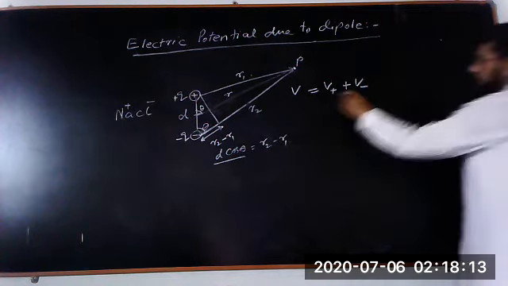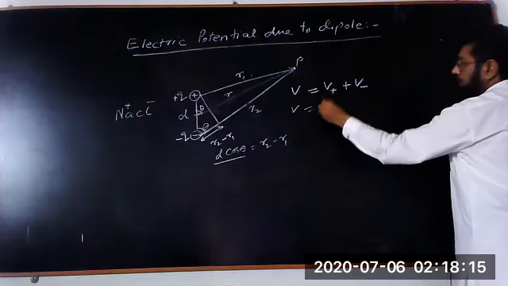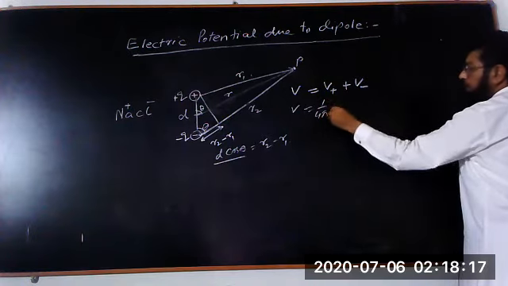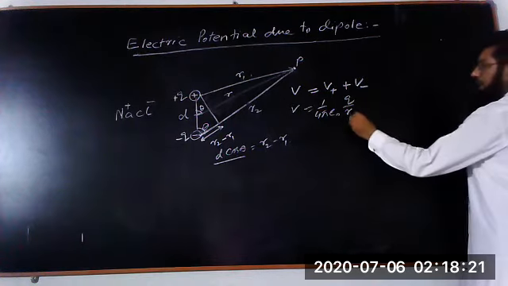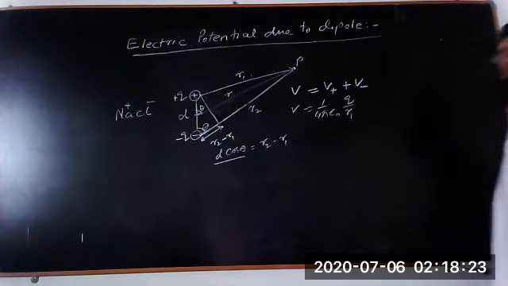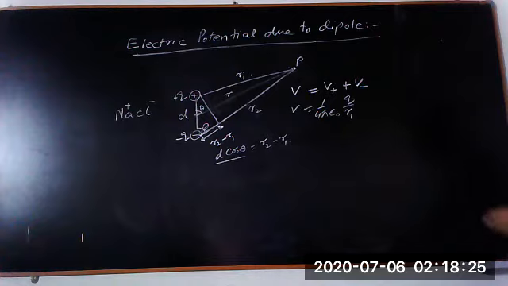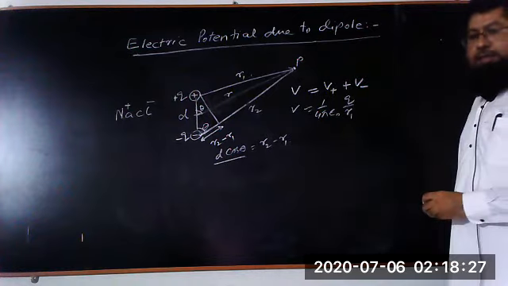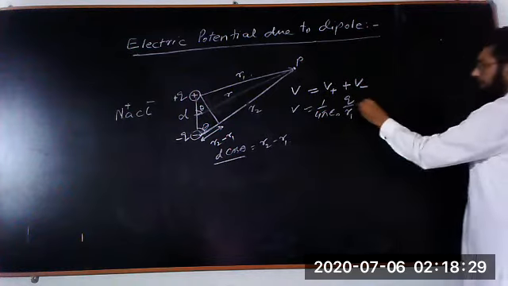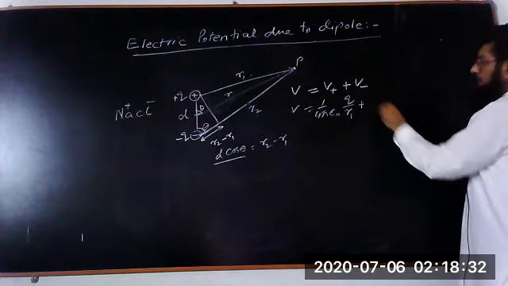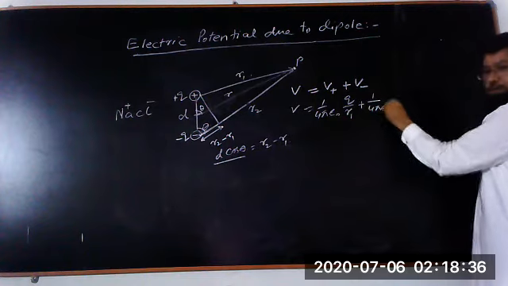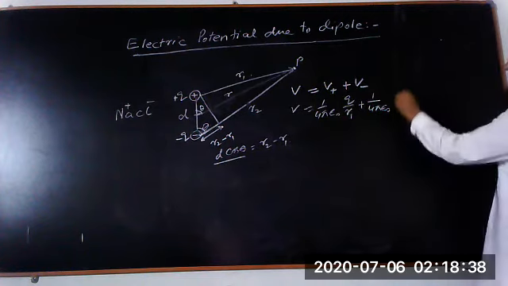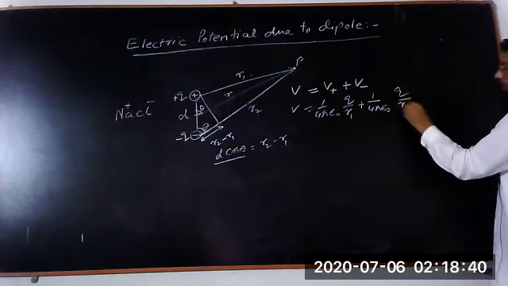The potential due to the positive charge is 1 upon 4 pi epsilon naught Q upon R, and this R is actually R1. The potential due to the negative charge is 1 upon 4 pi epsilon naught Q upon R2.